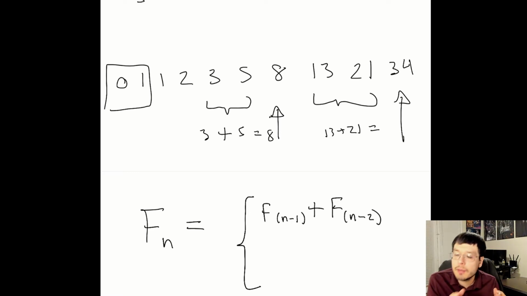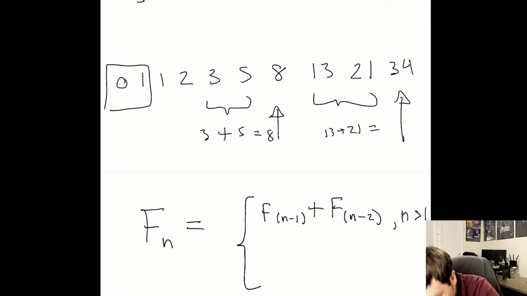So n minus 1 meaning the n minus 1th number. If this is the 5th number, you're looking at 5 minus 1, which is 4, so the 4th number, plus n minus 2, which is 5 minus 2 is 3, so the 3rd number. So if you're computing the 5th number, you look at the 4th and 3rd number, add them together, and you're good to go.